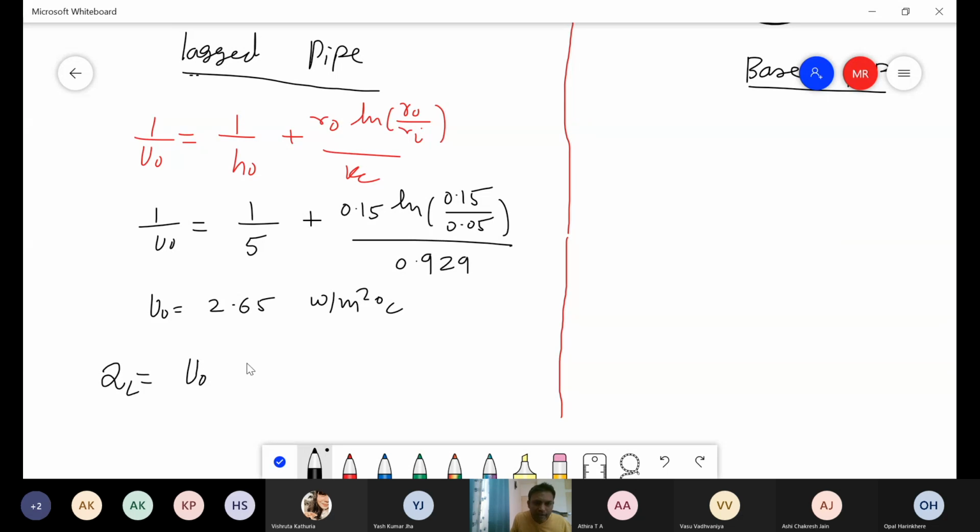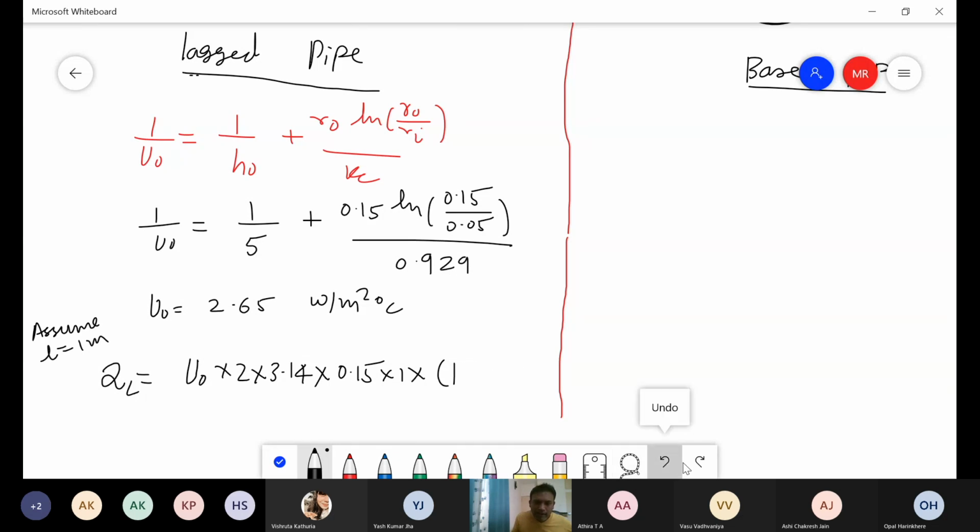So in this case into 2 into 3.14 into r naught. r naught is going to be 0.15 and assume the length L equals 1 meter. So this becomes into 1 into delta T. So delta T is going to be what? 160 minus, what is the temperature given? 160 minus 30, correct?